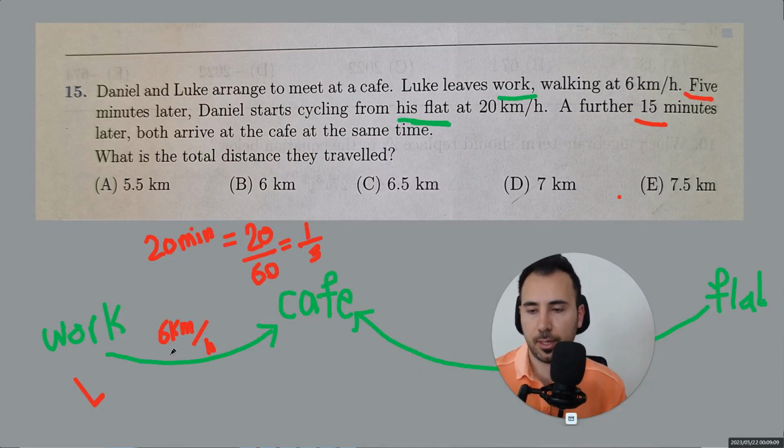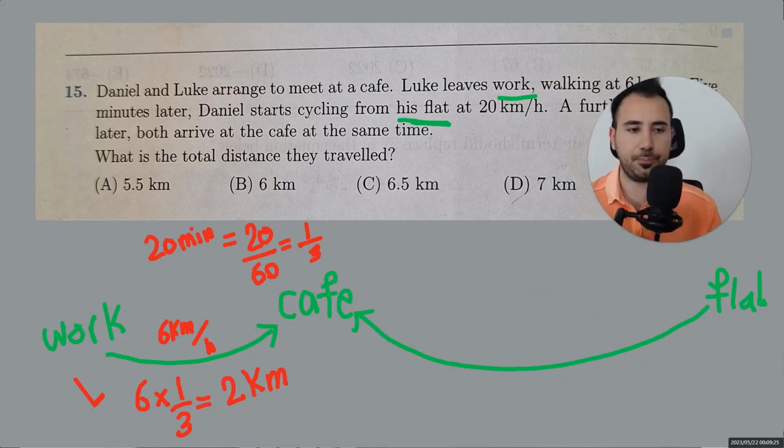So look, we go with the speed of 6 for 1/3 of the time. You get 6 over 3, 2. So Luke walks for 2 kilometers.